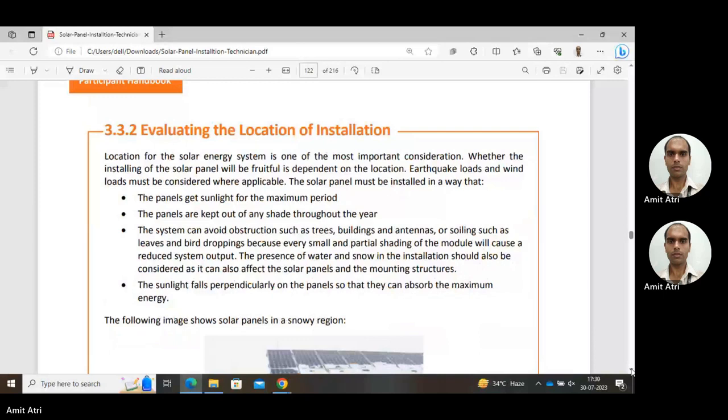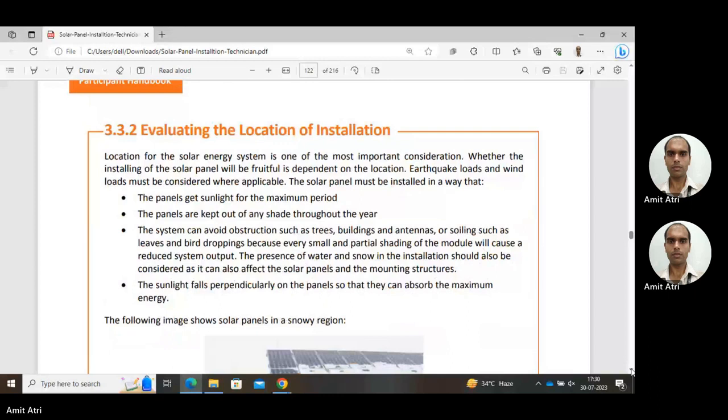Other things we have calculated, but if the location is not suitable, or the way we have installed it is not efficient, such as the angle, inclination, and shadows, which mostly come under shading, then even though we have thoroughly designed our system, we will not get any satisfactory output from it. Earthquake loads and wind loads must also be considered where applicable.